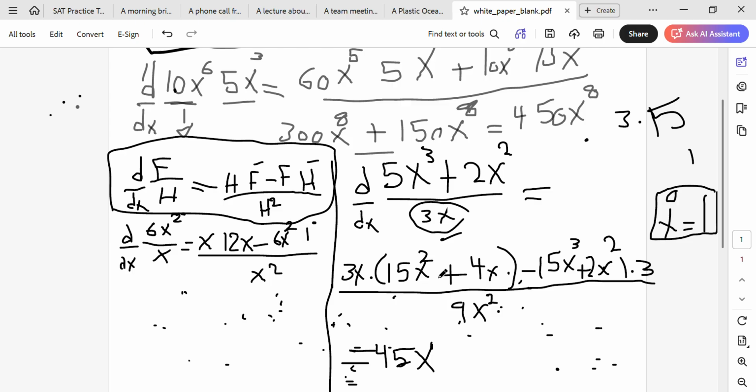We have x squared and x, and since it's the same base but different powers, we add the powers. Since it's not written, that means 1, so 1 plus 2 is 3. So I have 45x raised to the power 3, plus the same. This time also you multiply 3x times 4x, that is 12x squared.